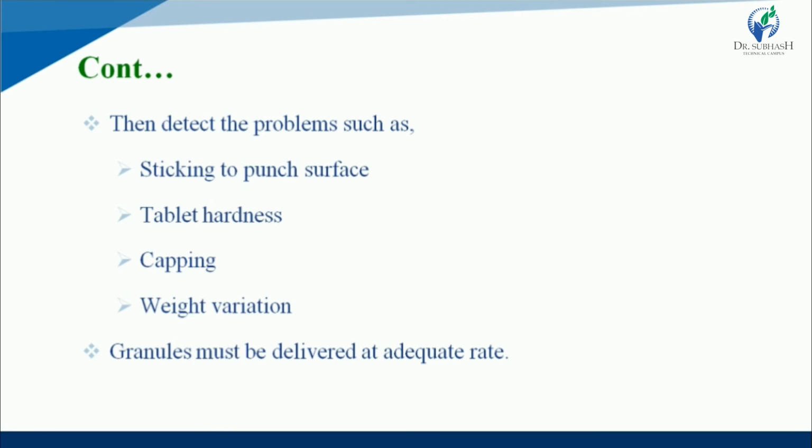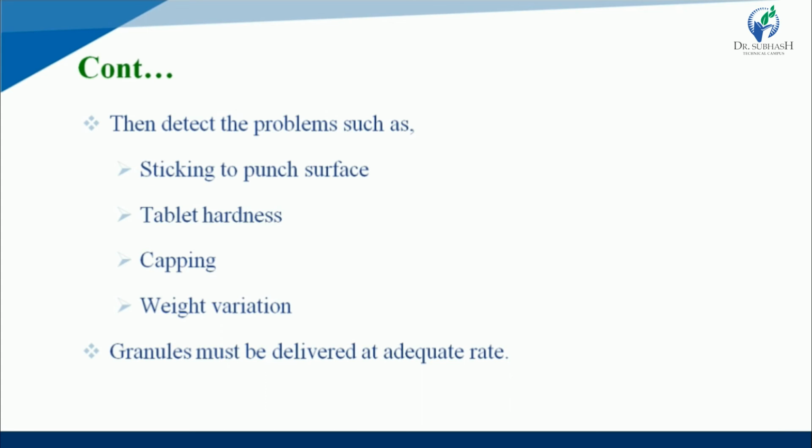Then detect problems such as sticking to the punch surface, tablet hardness, capping and weight variation. So granules must be delivered at an adequate rate. That means by evaluating the compression characteristic, we detect some types of problems.